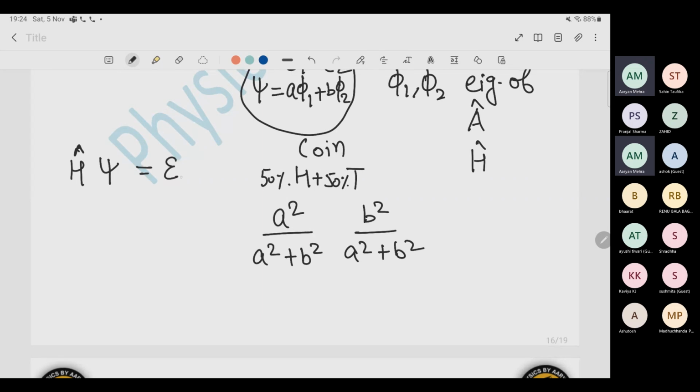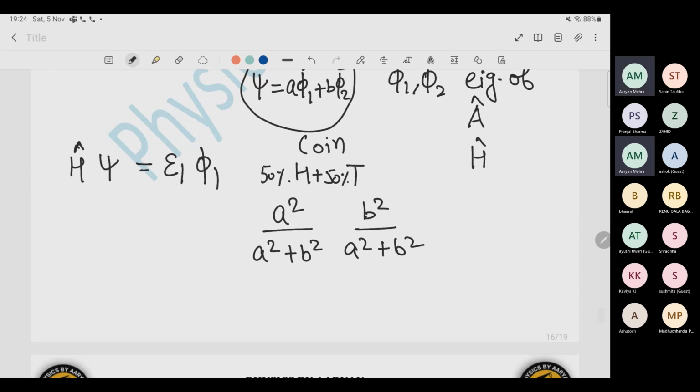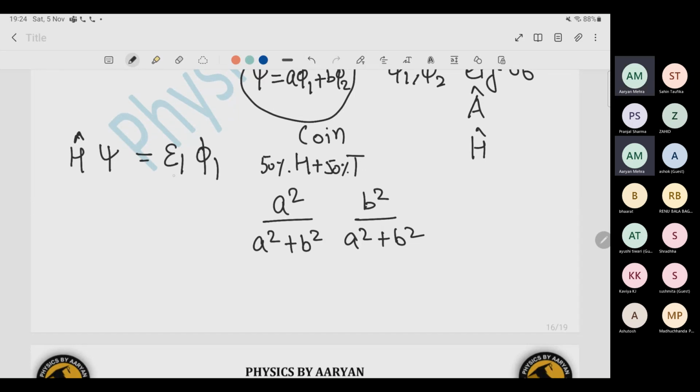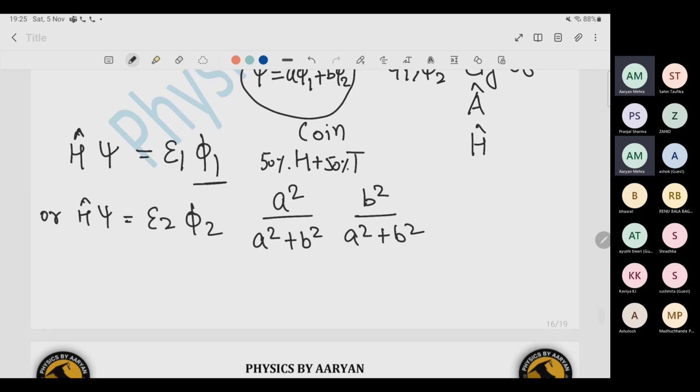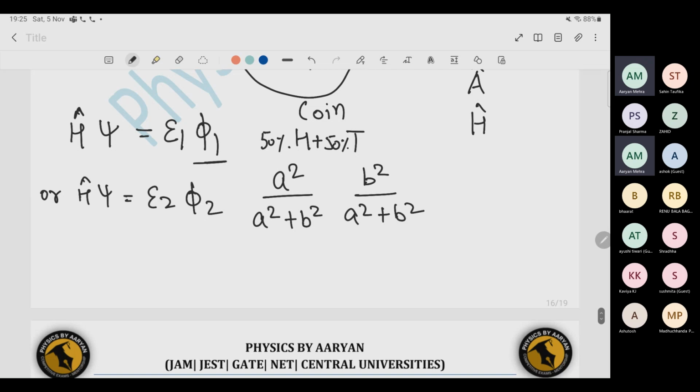So you get E1 phi 1, because you got the energy E1 and now your state is phi 1. Or it is also possible that you operated on this and you got E2 phi 2. Understood? It's very complicated, that is why I'm slowing it down.